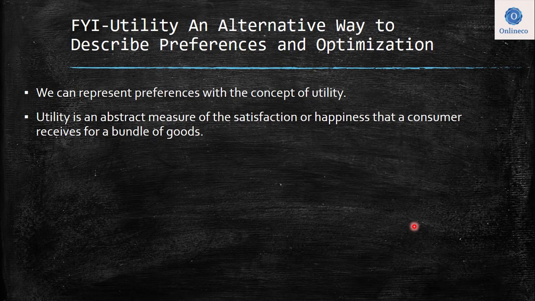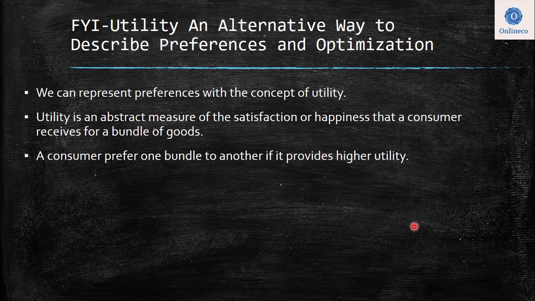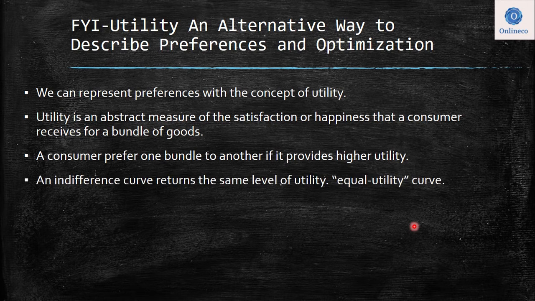It's really abstract. It's not easy to make something countable. However, we know what you like more and what you like less. You can compare them. Then a consumer prefers one bundle to another if it provides higher utility. An indifference curve represents the same level of utility.